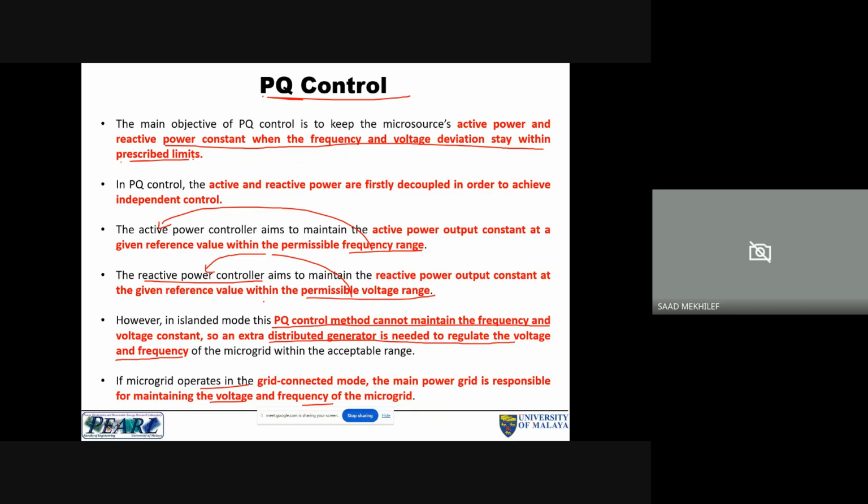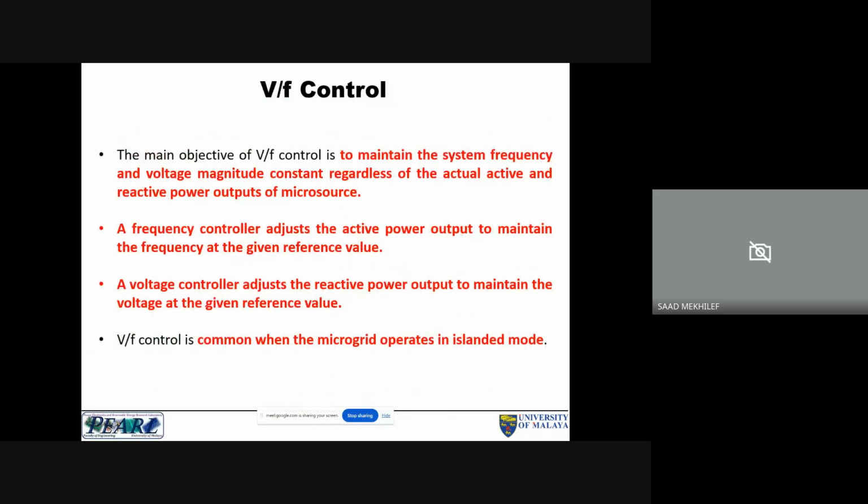For the second one, the VF control. The objective of the VF control is always to maintain the system frequency and voltage magnitude constant, regardless of the actual active and reactive power outputs of the DG.